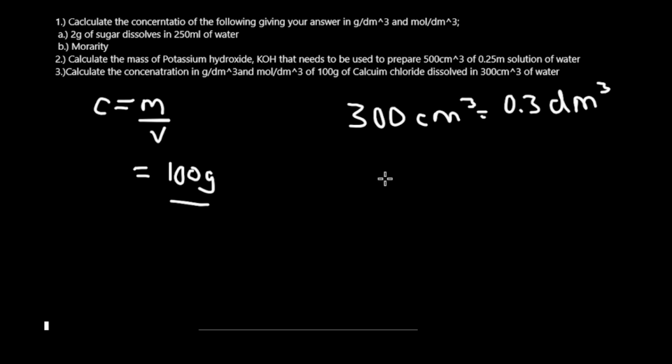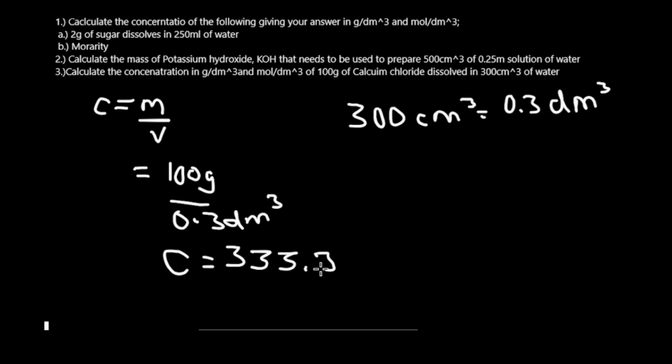So that is what we get after we convert. So this will be over 0.3 dm cubed. Therefore our concentration will be equal to 333.3 grams per dm3.